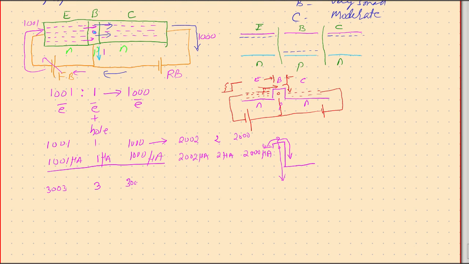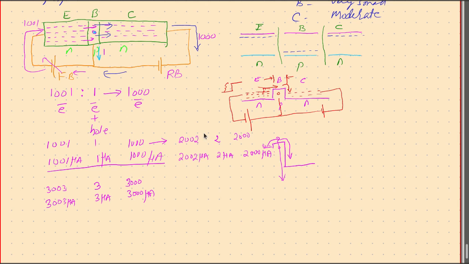The rest, 3000, get into the collector, and that continues. So that makes 3003 microampere current at the emitter terminal, 3 microampere at the base terminal, and 3000 microampere at the collector terminal.